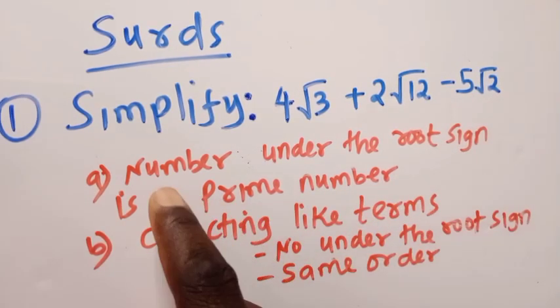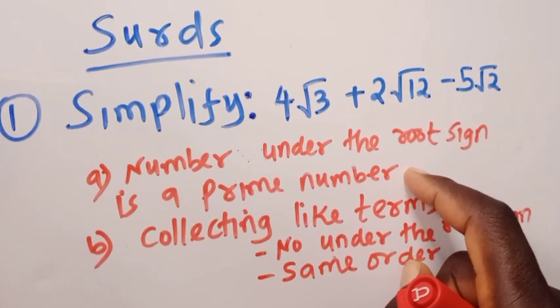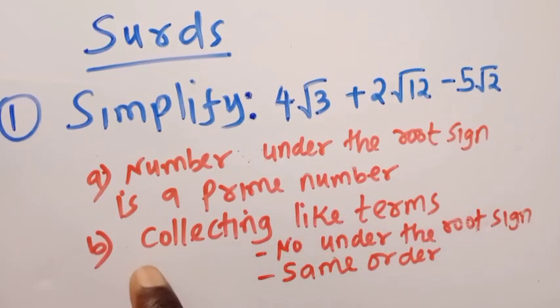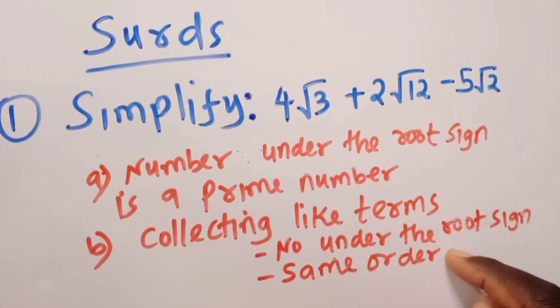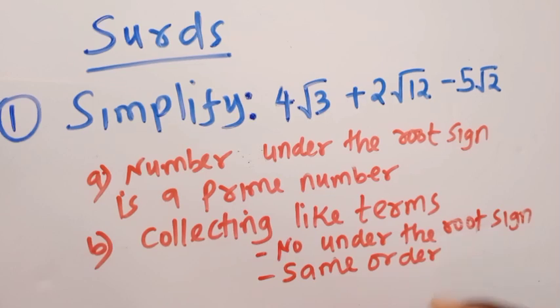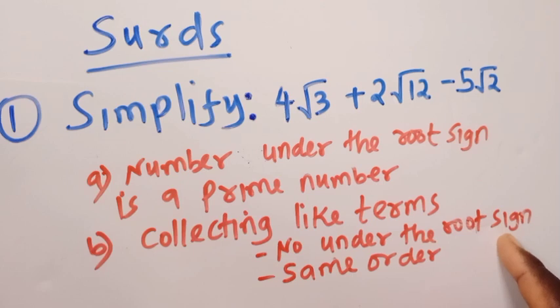Now, the first one is that the number under the root sign should be a prime number. Then number two, you collect the like terms. And these are the two things that you consider when collecting the like terms. The first one is the number under the root sign. The number under the root sign should be the same.